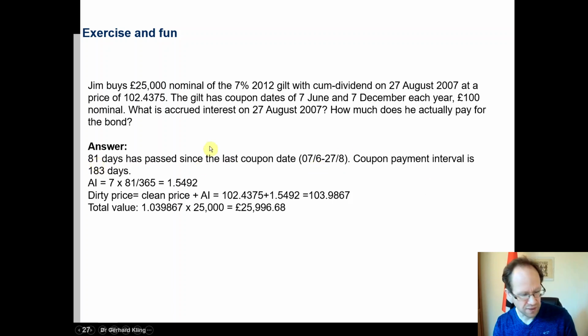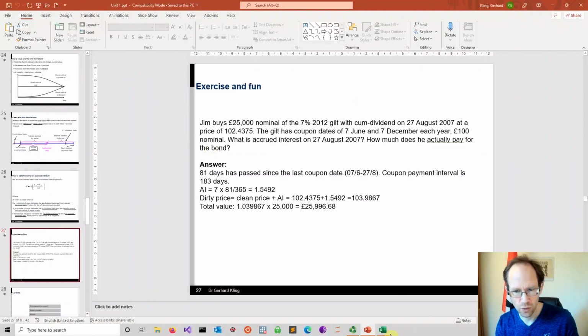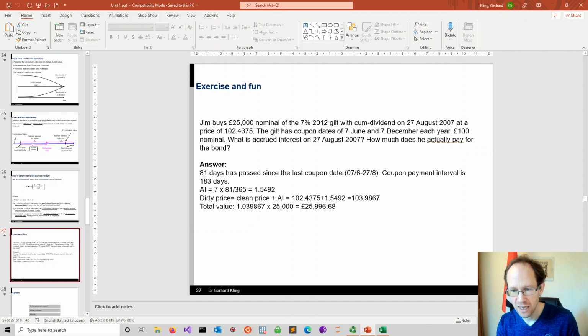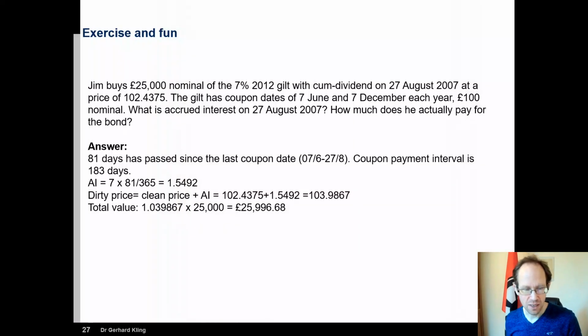You can just throw this in Excel and Excel does this for you. I just put in the 2 dates and it gives me 81 days. Of course, this is exactly how I would do this, otherwise I go insane counting the days. So we have 81 days in between the last payment on the 7th of June and the 27th of August.